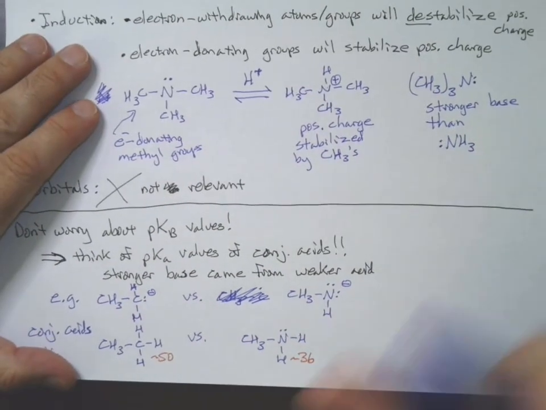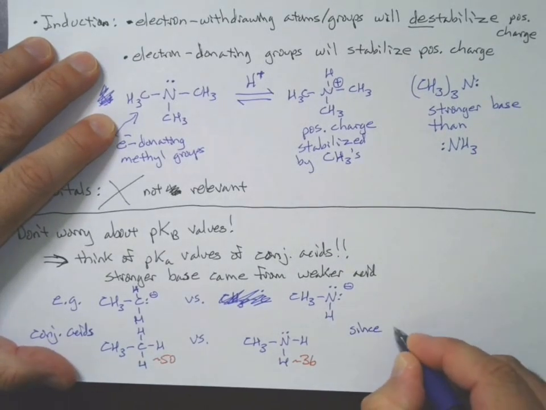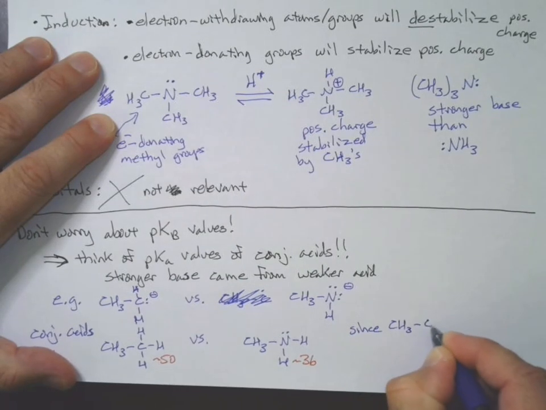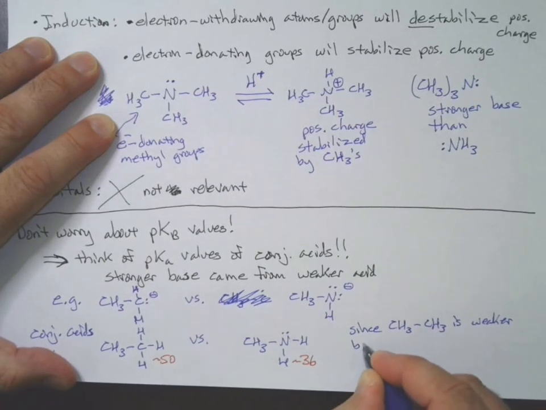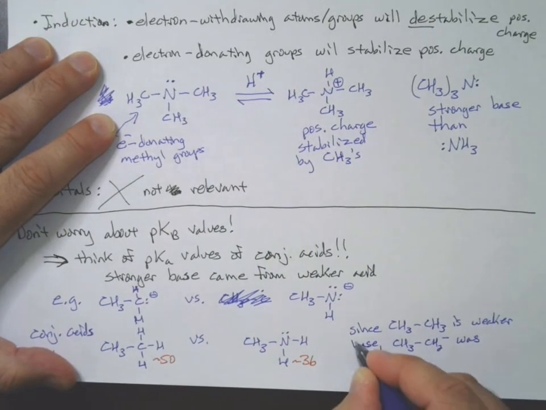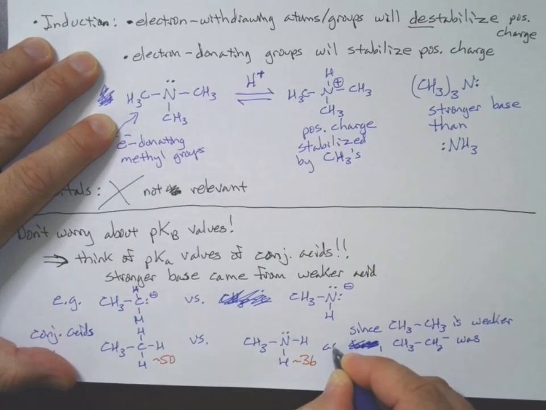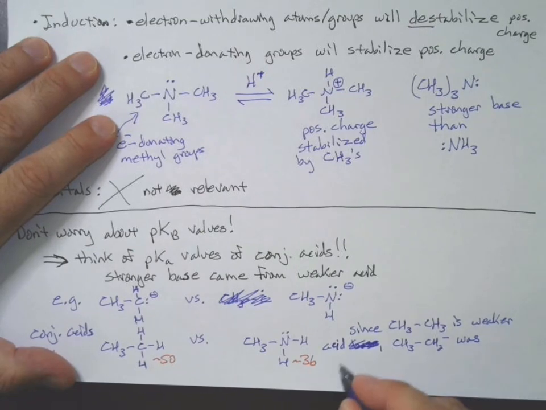So now we can say that since CH3CH3 is the weaker acid, CH3CH2 minus was the stronger base.